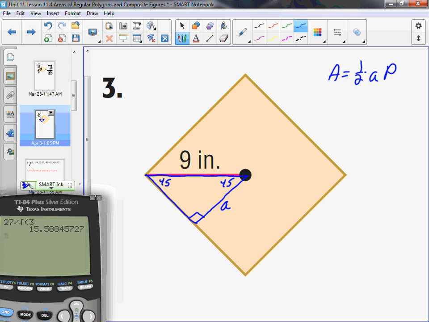If the hypotenuse of this 45, 45, 90 is 9, what do we do to the 9 to get the leg? Divide by the square root of 2. So the apothem, the leg, is 9 divided by the square root of 2 inches.